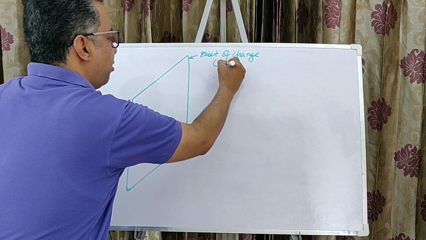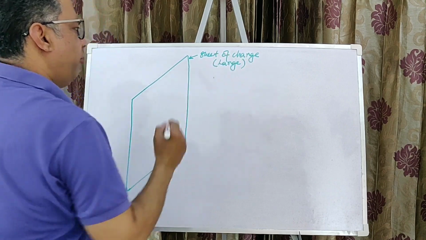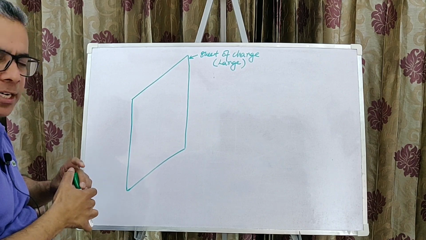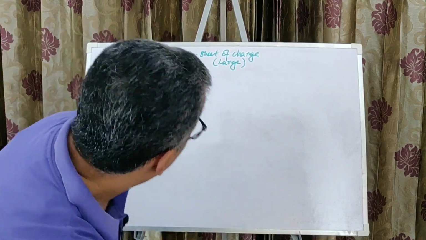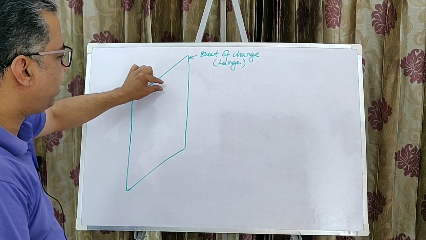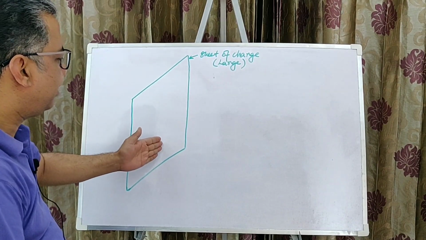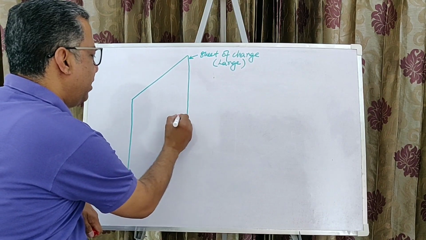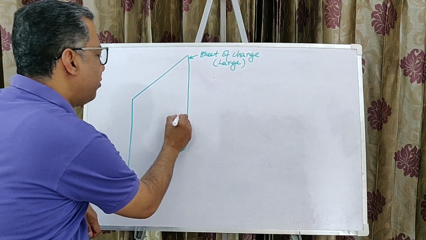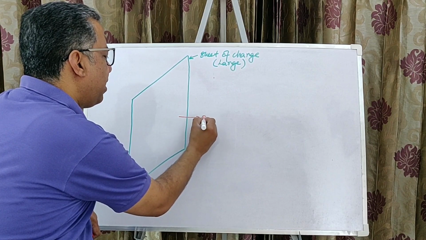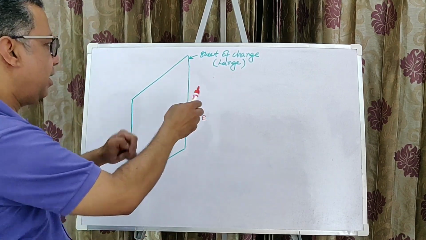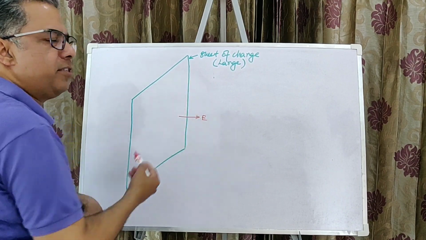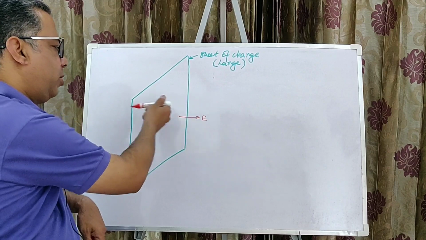This sheet is large, so what we'll be doing is we'll be treating it as infinitely large in our calculations. Now, because of the symmetry, if you consider an element here and an element here, the electric field at a point at a small distance from the sheet will be directed perpendicular to the sheet, and if sigma is positive, it will be outward from the sheet. If the charge density sigma is negative, it will be towards the sheet.